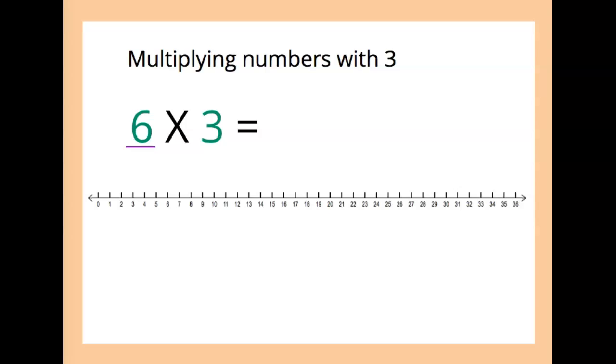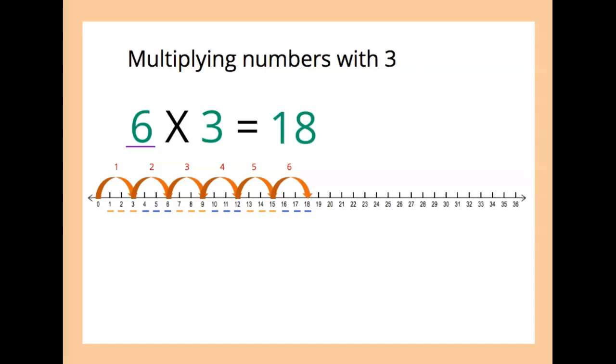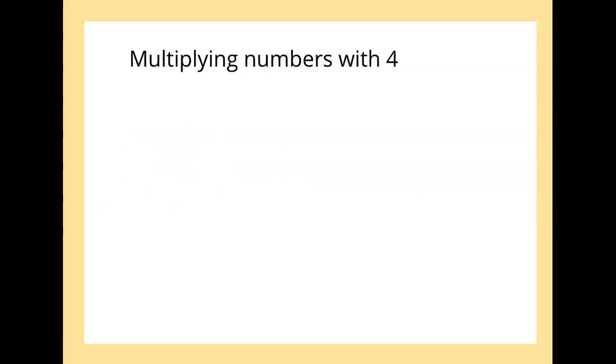Let's start counting. 1, 2, 3, jump. 1, 1, 2, 3, jump. 2, 1, 2, 3, jump. 3, 1, 2, 3, jump. 4, 1, 2, 3, jump. 5, 1, 2, 3, jump. 6. So the answer is 18. We jumped 6 times in the patterns of 3, so the answer is 18.